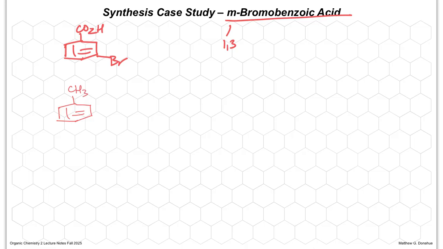So we're doing the exact same reactions, but now we're going to run them in a different order. Instead of doing the bromination first, we're going to do the oxidation first.